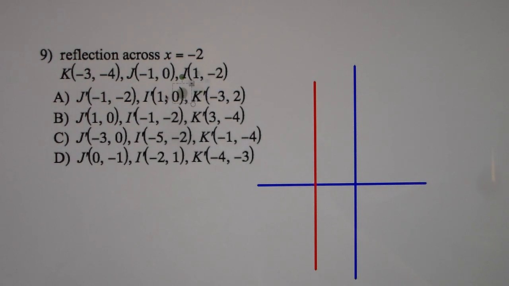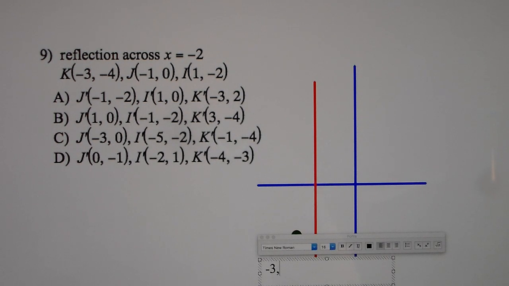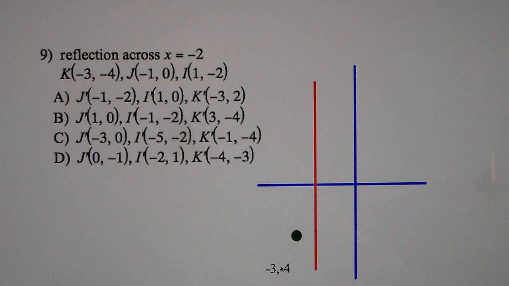Let's just focus, even when we're getting 3 coordinates, we could just focus on one. K equals (-3, -4). So -3 is to the left of the -2 line. And then down 4. 1, 2, 3, 4. So it's at (-3, -4). That's the current location of that green dot.